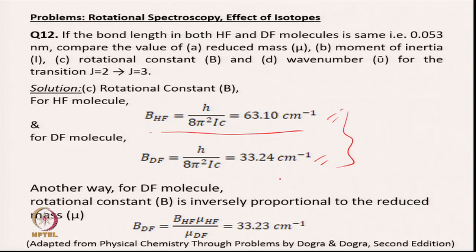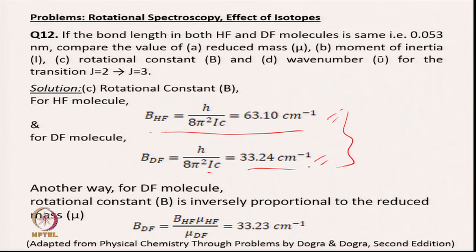Now, you see that this rotational constant is inversely proportional to moment of inertia, and since moment of inertia of DF is twice that of HF, the B value of DF will be approximately half of the B value of HF.